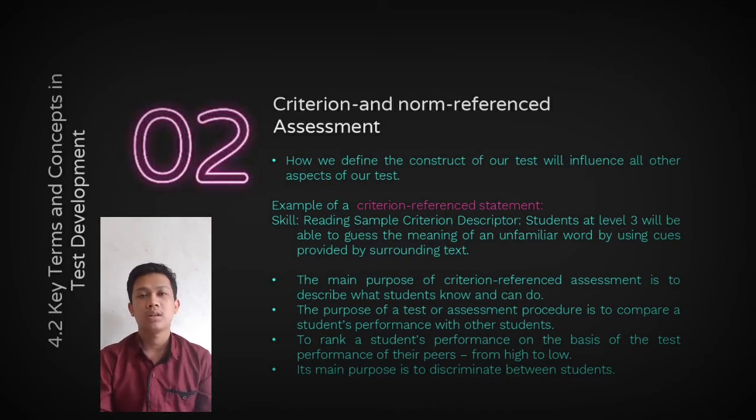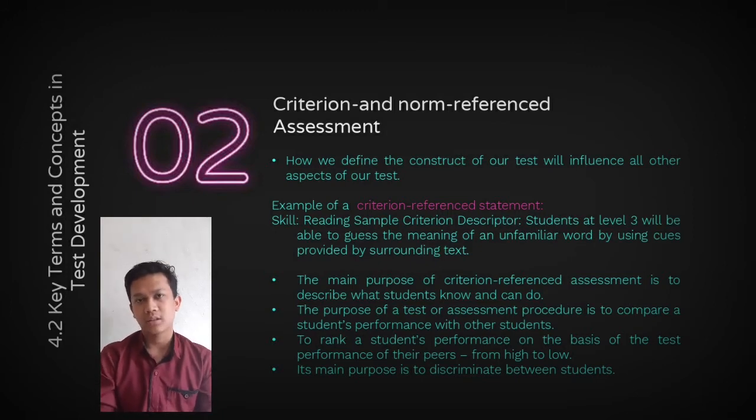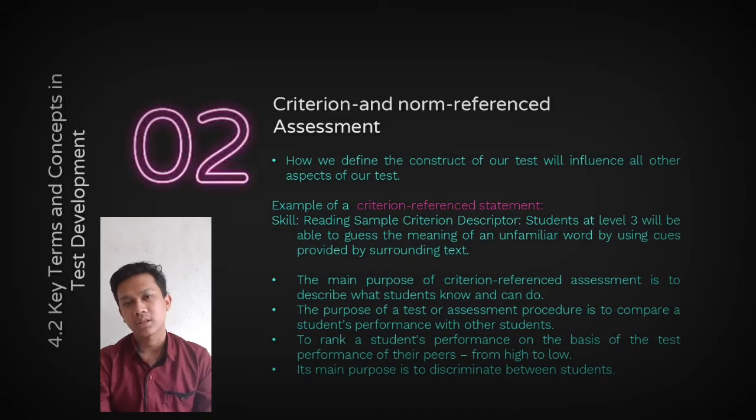This is related to the previous one. And in constructing our test, we can also use criterion and norm reference assessment. This is a kind of guide for you in developing assessment.